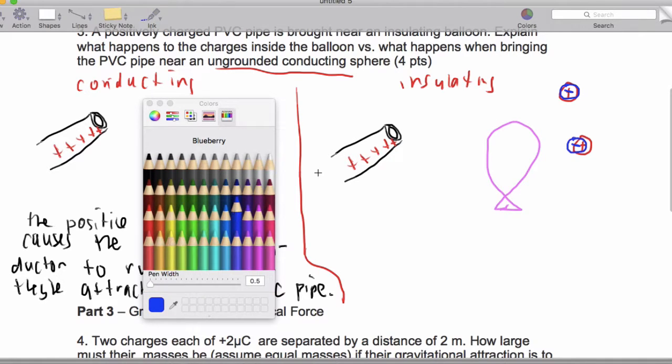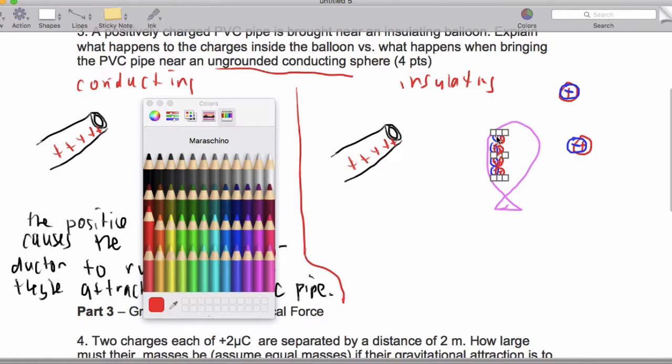So on the edge here, you have the negative charges just slightly separating from their respective positive charge. They can't move freely because insulators don't let charge move. So you get this induced dipole. I'm not going to make you use that word. And then the little positive charge lining here causes the next row to do the same thing.